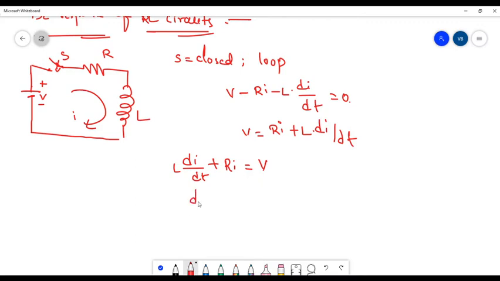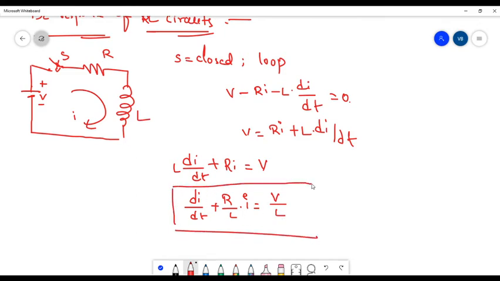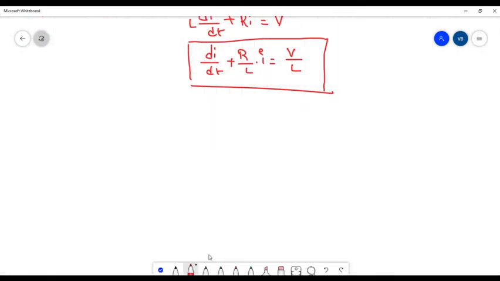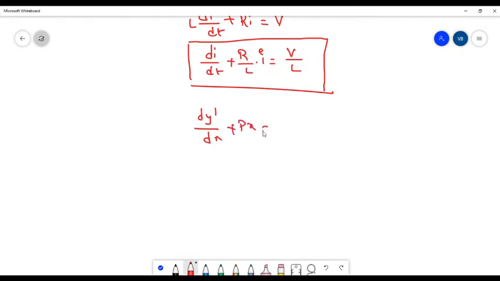So di by dt plus, sending L to this side, R by L into I equals V by L. This is in the form we use when calculating the particular integral and complementary function, that is in the form dy by dx plus px equals k.